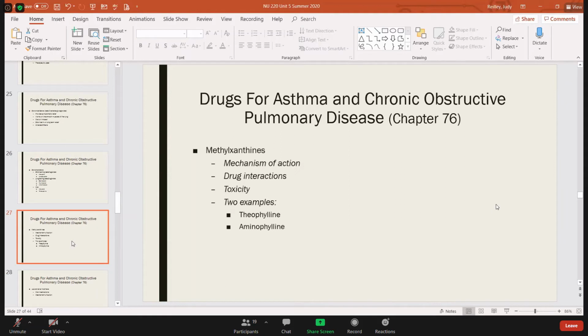When you look at toxicity of this drug, you're basically looking at the patient having nervousness, restlessness, insomnia, nausea, vomiting, and diarrhea. You also get the irregular heart rhythm, so you could have some cardiac issues, along with it being a breathing issue too. You're going to have cardiorespiratory issues.